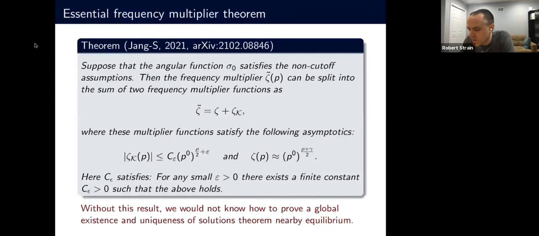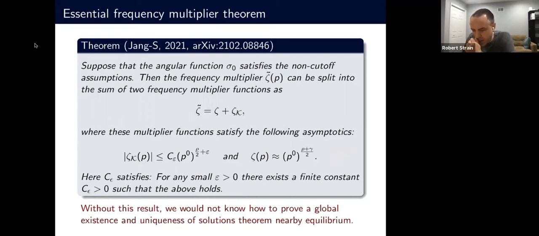So we have this sort of essential frequency multiplier theorem. And it says, suppose that the angular function sigma 0 satisfies the non-cutoff assumptions on the collision operator, then the frequency multiplier zeta tilde of p can be split into the sum of two frequency multiplier functions. Zeta tilde is equal to zeta plus zeta kappa. And these multiplier functions satisfy the following sharp asymptotics.